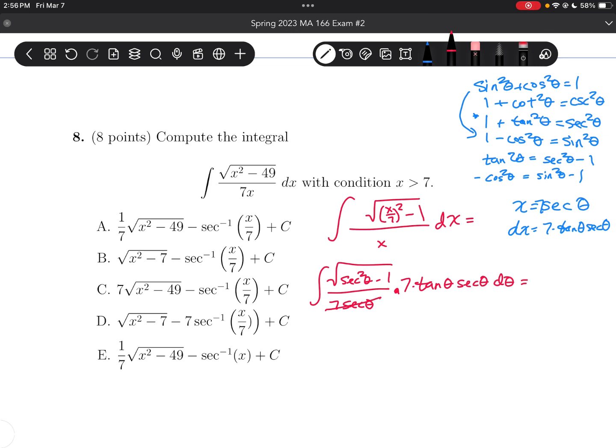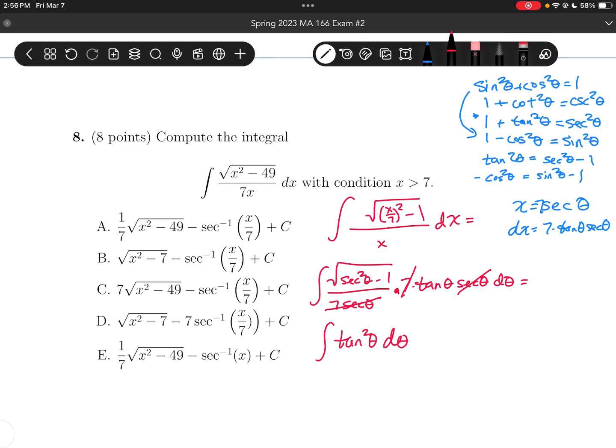Okay, the 7 secant theta cancels out, and by the Pythagorean identity, the radical of secant squared theta minus 1 will equal tangent theta. So ultimately, this integral equals tangent squared theta d theta.